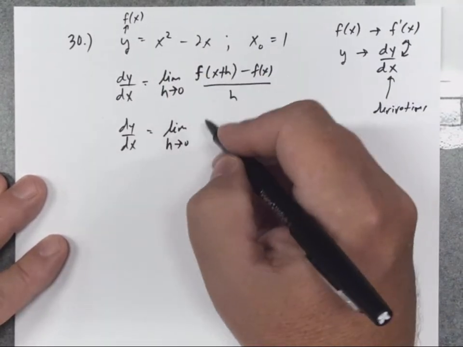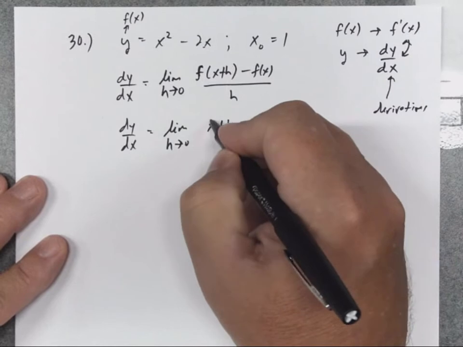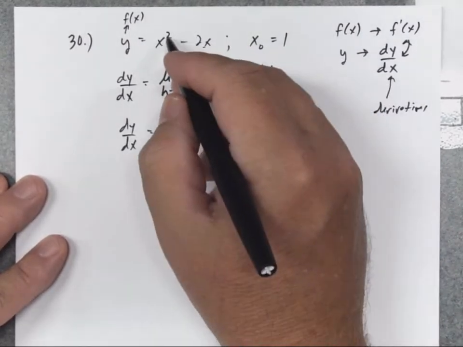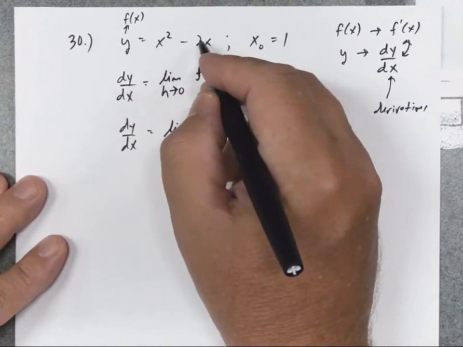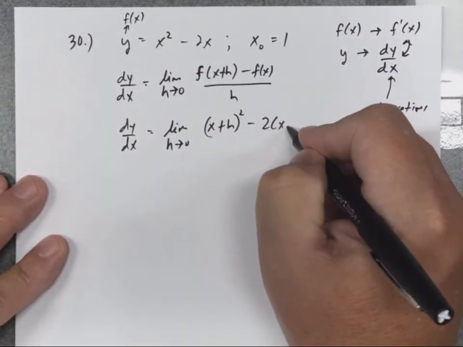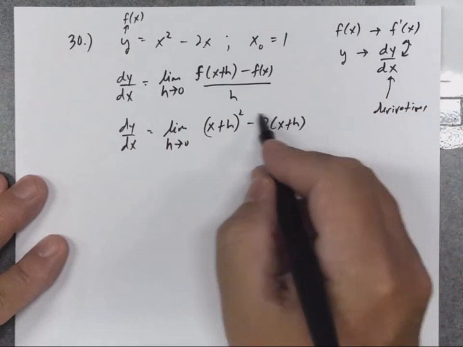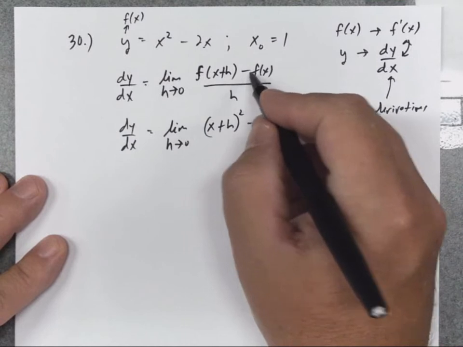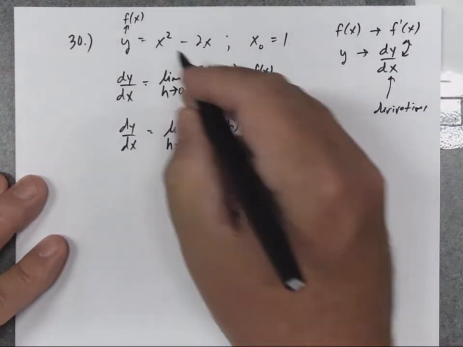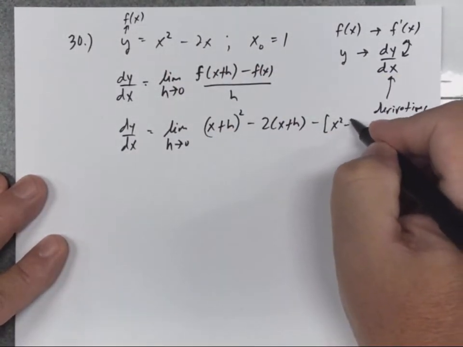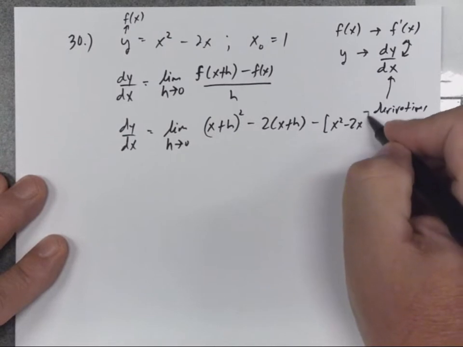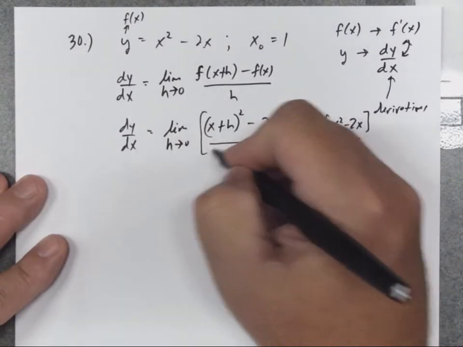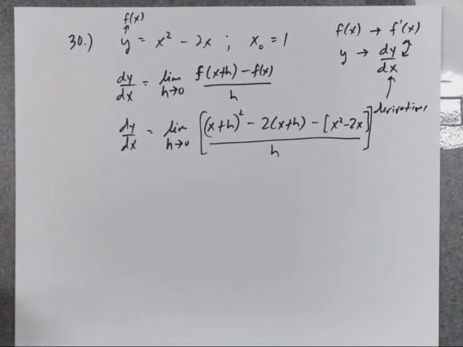So x squared becomes x plus h squared. Oh, let's not forget x plus h squared minus 2 times x plus h. So this whole thing is my f of x plus h. Now I have to subtract f of x and all that over h.